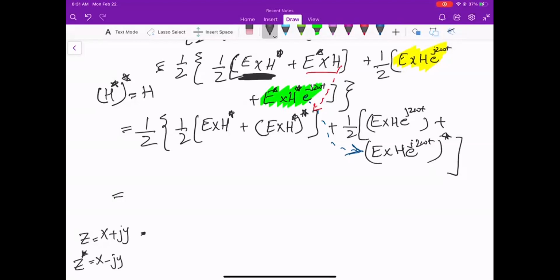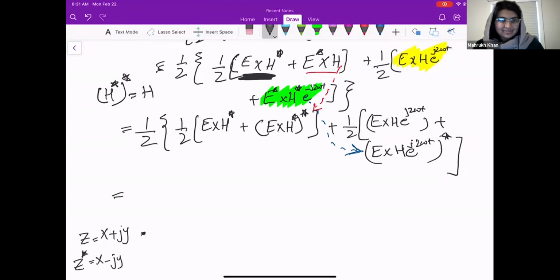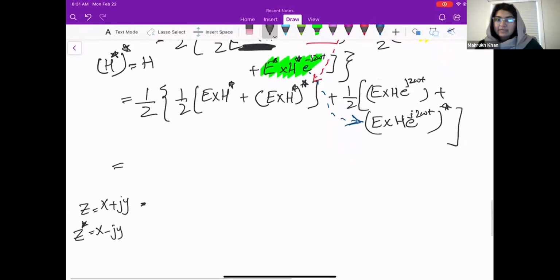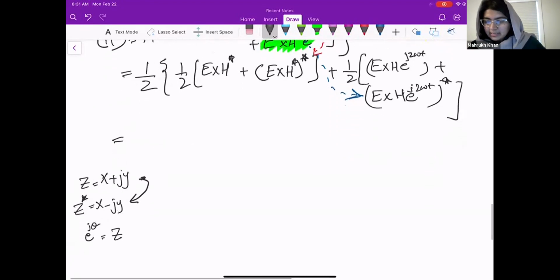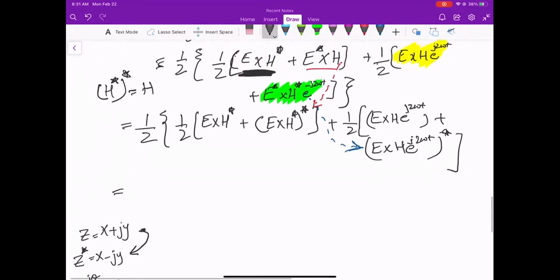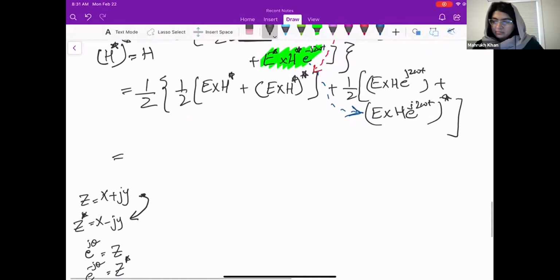So when we're dealing with complex numbers, this is the conjugate of the complex number. So if you have e to the j theta, and this is z, its conjugate will be e to the minus j theta. Okay, so that's why we did this.